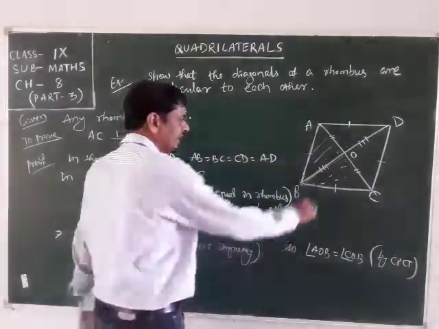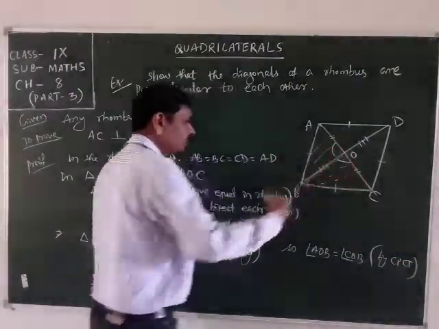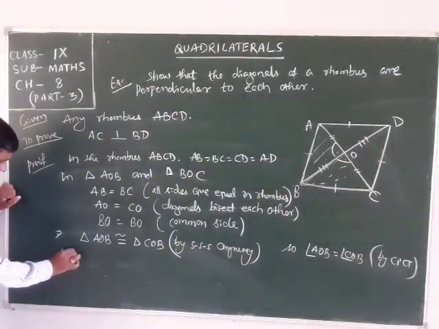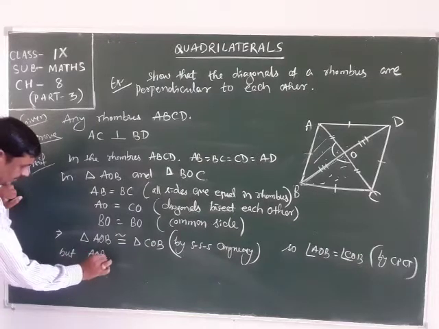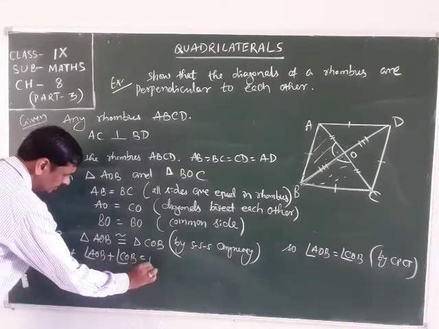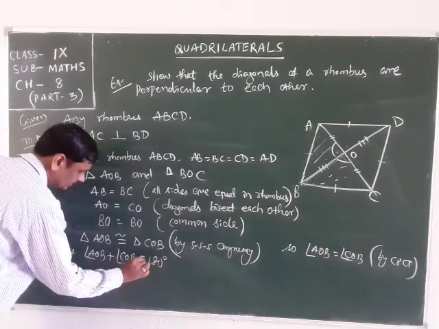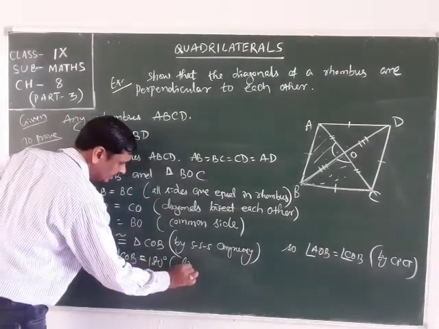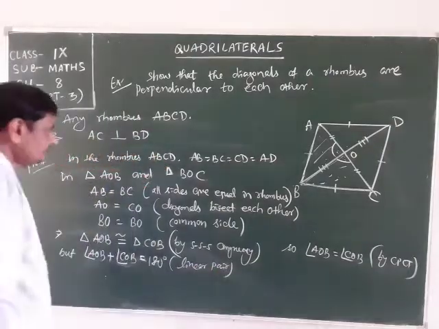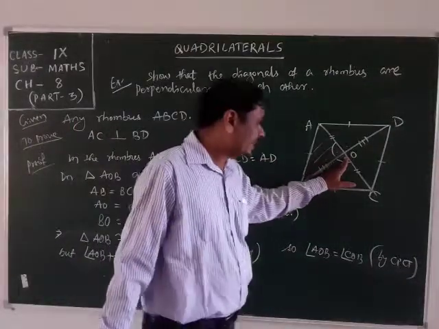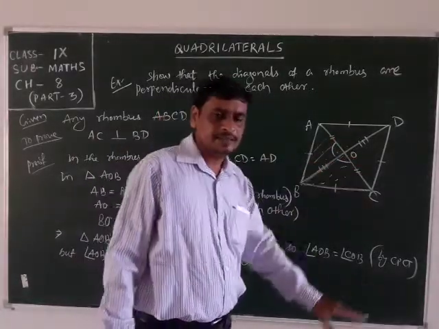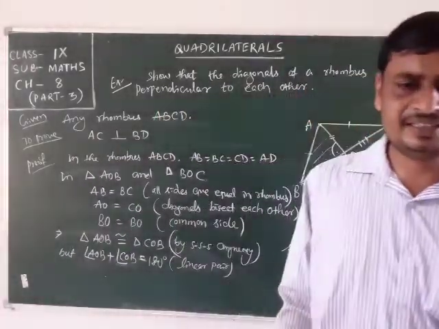But angle AOB plus angle COB equals 180 degrees because they are a linear pair. These two angles are equal, but their sum is 180 degrees as they are a linear pair.